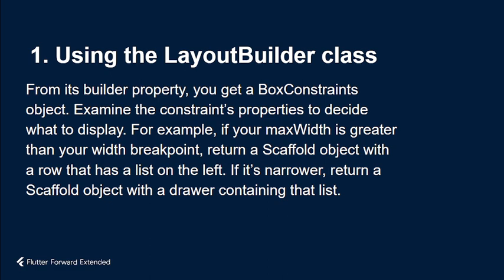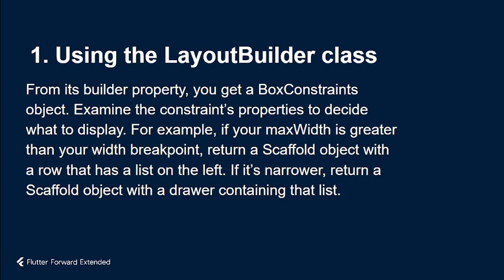From the builder property, you get a BoxConstraints object, and then you examine the constraints properties to decide what to display. For example, if your maximum width is greater than your width breakpoint, you return a Scaffold object with a Row that has a list on the left. If it is narrower, you return the Scaffold object with a Drawer containing that list.